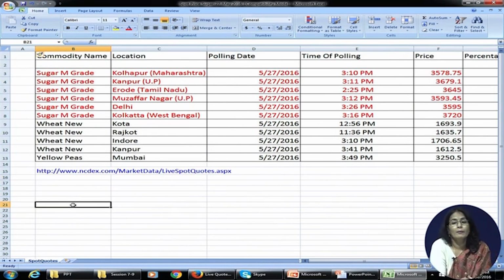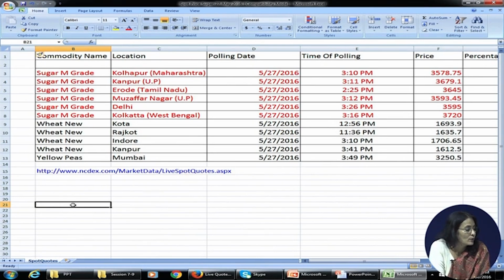Now the sugar M grade, that is the medium grade sugar price at Kolhapur on the poll which has been taken on 27th May at 3:10 p.m. is 3,578.75. Also around the same time in the afternoon, the National Commodity Derivative Exchange has conducted a poll among major market participants to find out the price at which they are buying and selling sugar in the respective market.